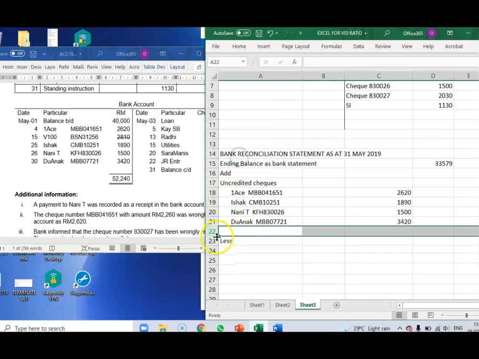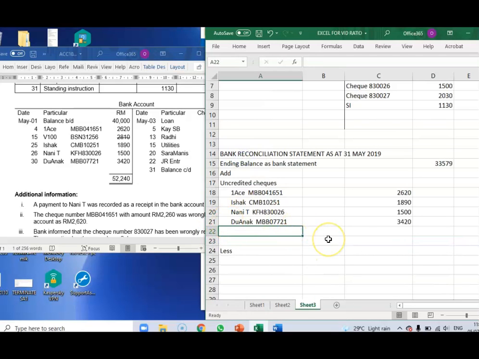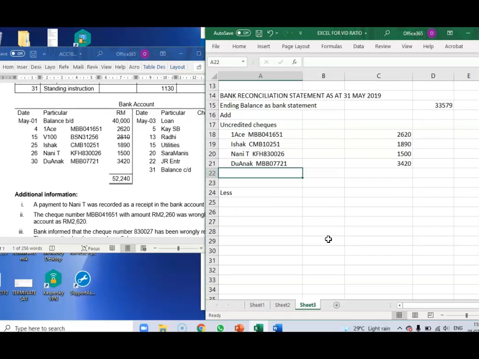Okay, make sure you have a few blank rows down here. Now we have the ending balance of the bank statement, and then we have uncredited checks. These are the checks that have not been cleared yet. It means that they have not appeared in the bank statement, but we have recorded them in our bank account.